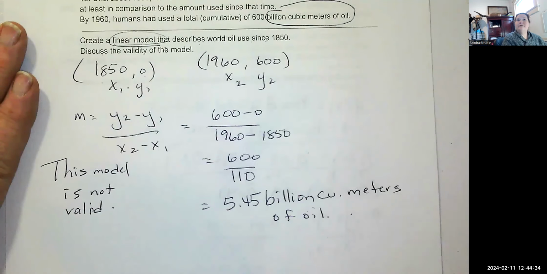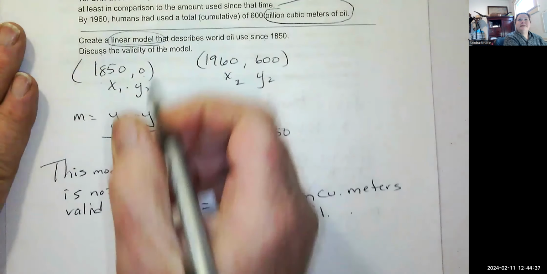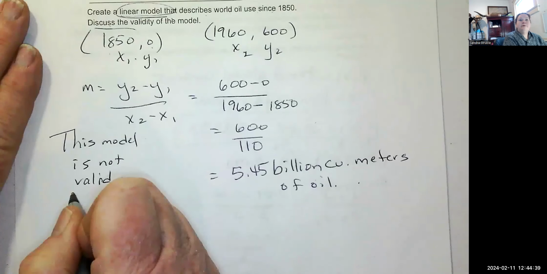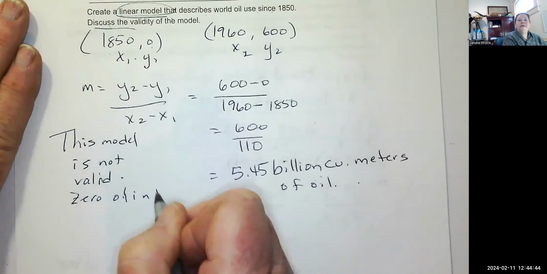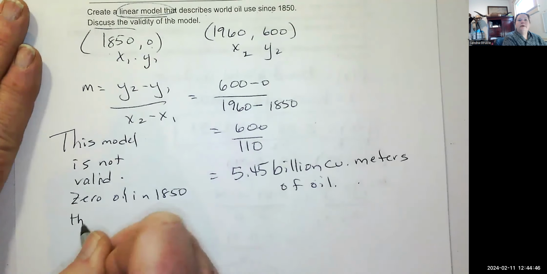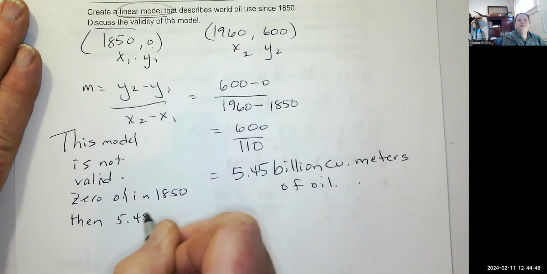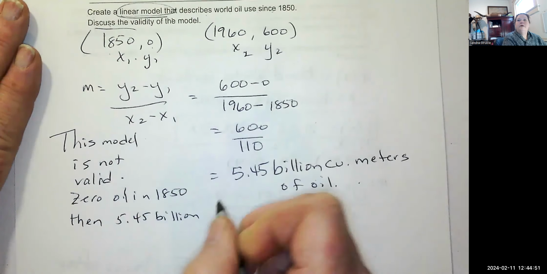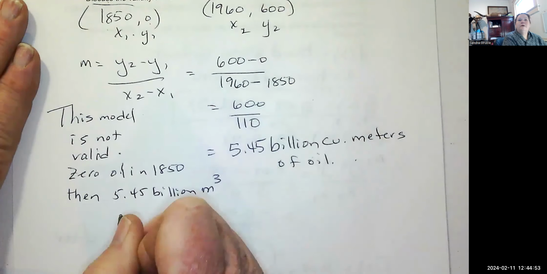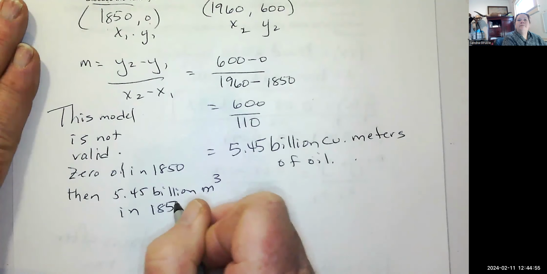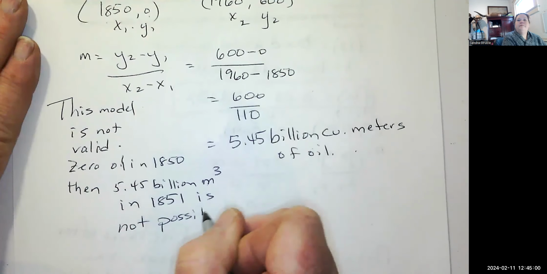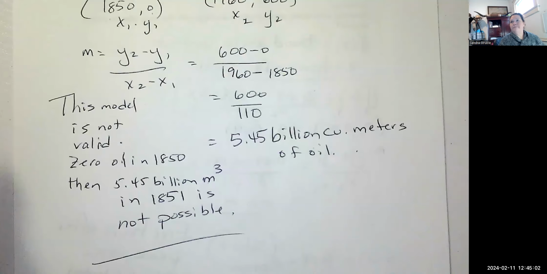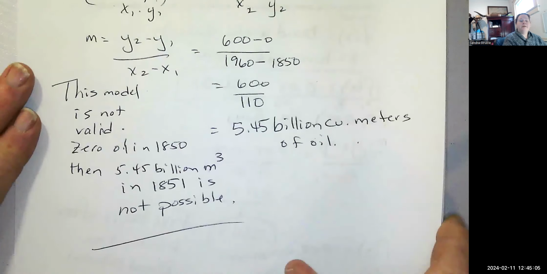And then you want to give a reason, because it says discuss. 0 oil in 1850, then 5.45 billion cubic meters in 1851 is not possible. Just give me a reason. That's it.